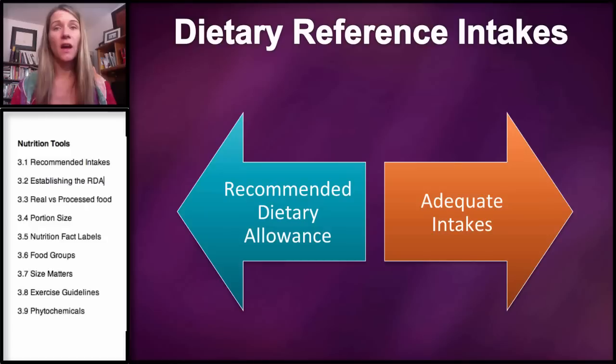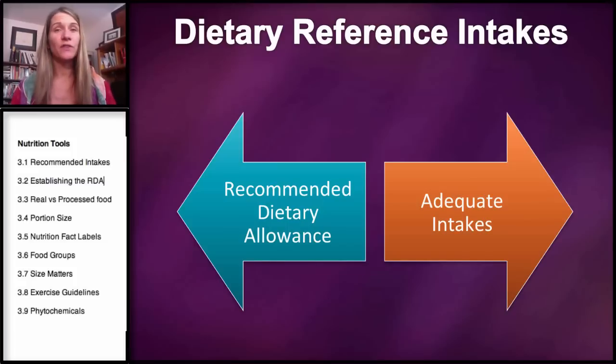And when there's a lot of research in the area, we call it the bedrock of scientific evidence, and the committee can actually say that there is a recommended dietary allowance for that nutrient based on solid research.